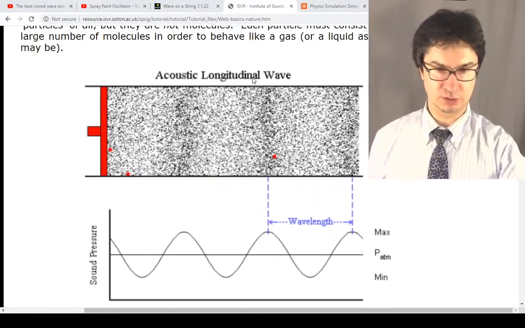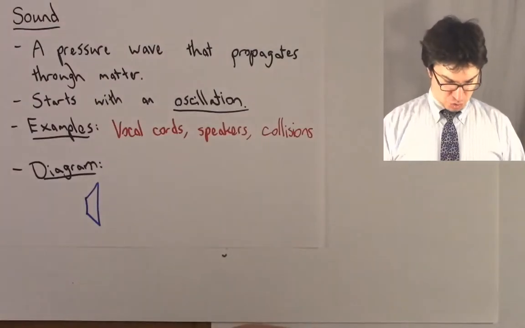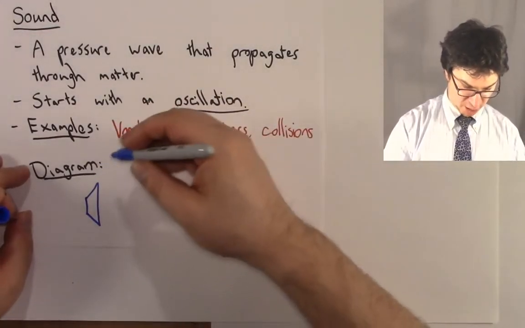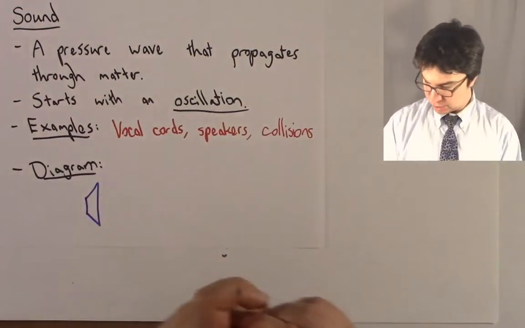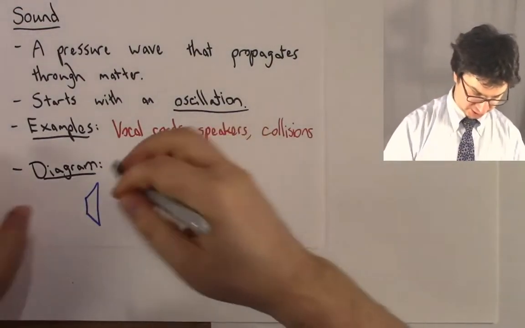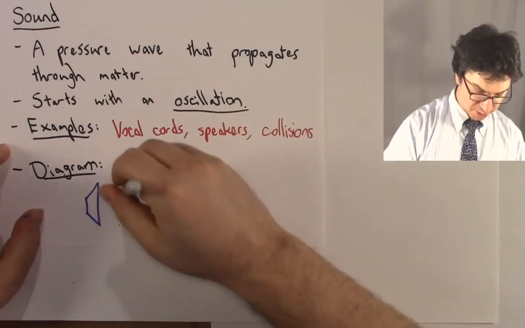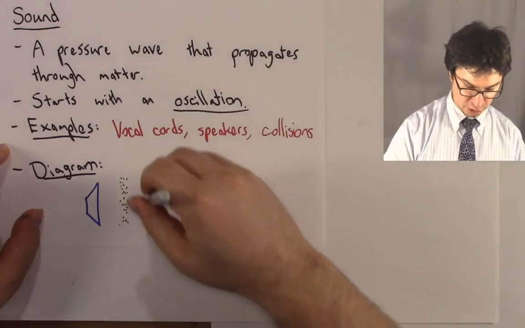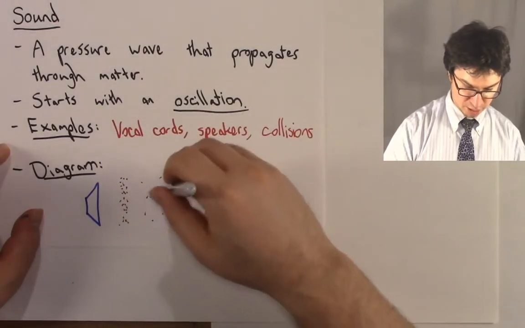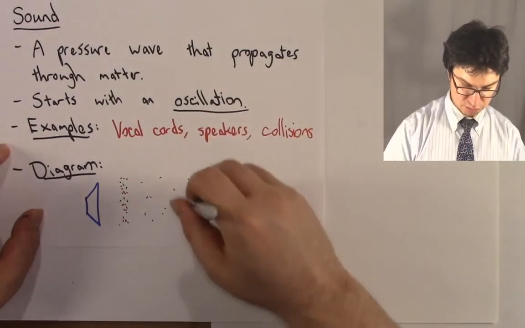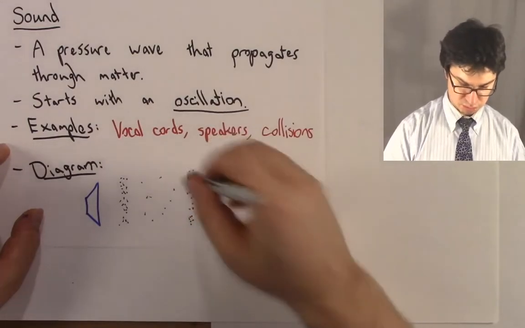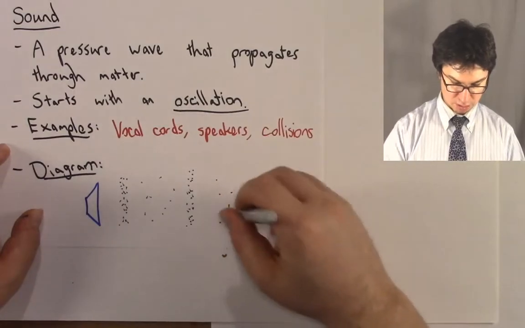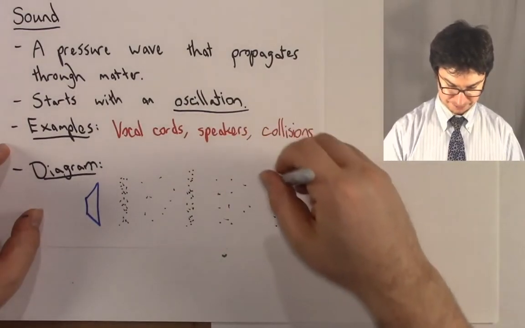We will diagram this by starting with the air molecules. So we're going to have some dense air molecules, which I'm going to represent like this. So these are going to be high pressure air molecules. Then we'll have some low pressure air, followed by high pressure air like that. Then low pressure, and then high pressure.